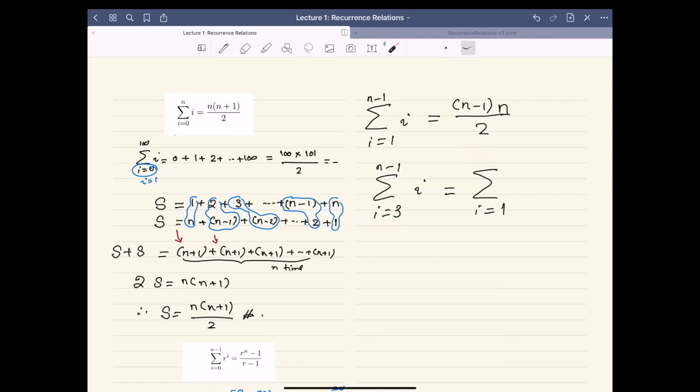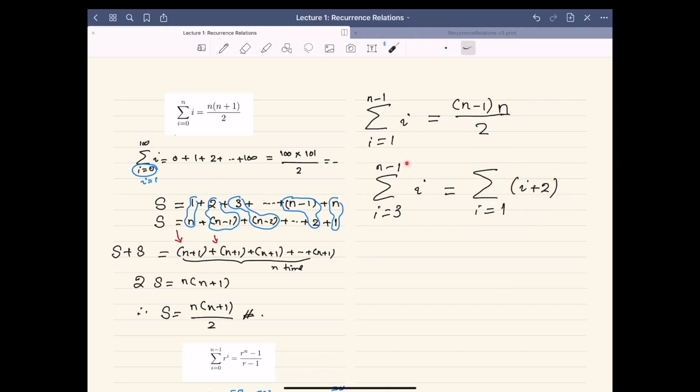Here, the first value, when I is equal to 3, is 3. So how can I get a 3 when I is equal to 1? It is a very simple calculation: it will be I plus 2. When you substitute 1 in here, you will get a 3, and this is the first value. Now for the last value, how do we find it?